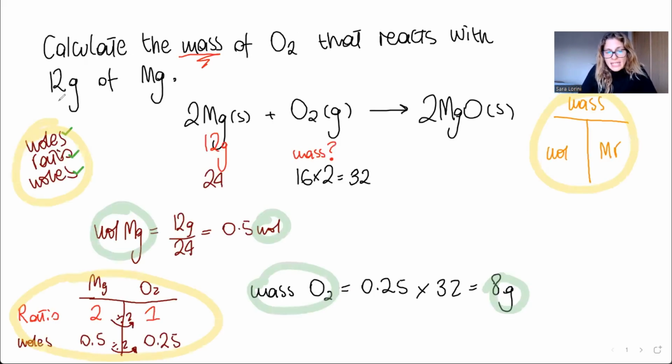So when we have this type of mass calculation, the first thing we can do, if we're a bit confused, is organize the data. What I mean is maybe you want to analyze the numbers you're given and write them down next to the equation.